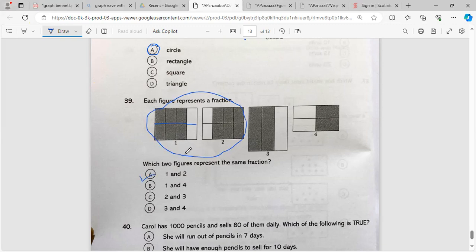It's right beside it, so you could literally see the white part. You could just imagine the line being above. The first one represents 1 over 3, and the second one 2 over 6.